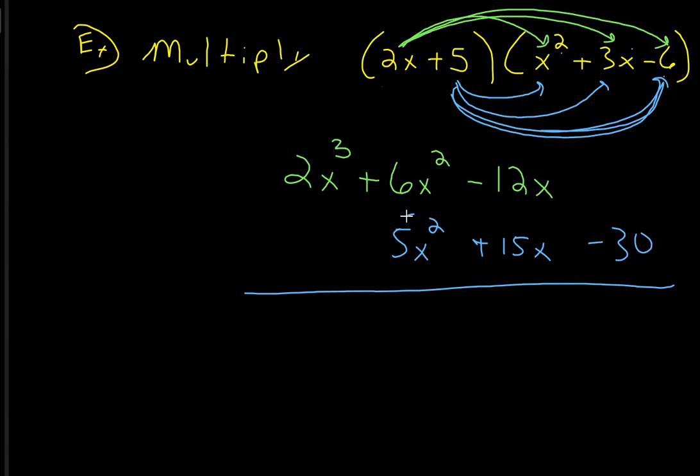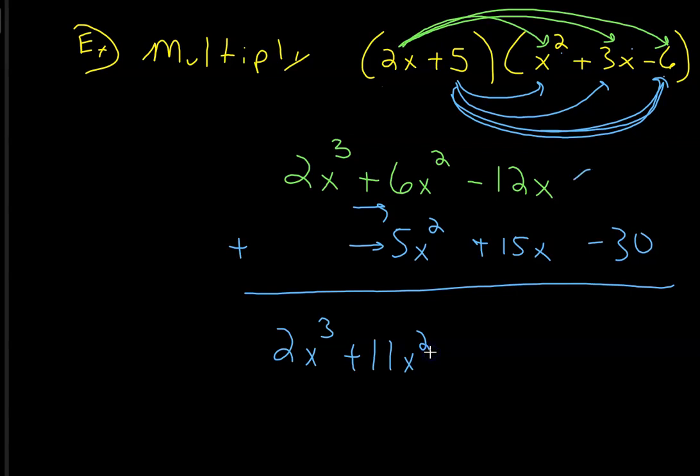So anyway, given that, we want to add those. So I'm just going to add, just as they are. So 2x to the third has nothing to add with, so it becomes 2x to the third. 6x squared plus 5x squared adds up to be 11x squared.